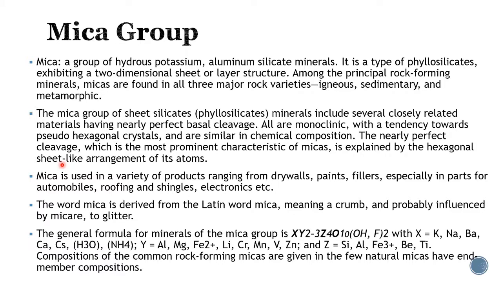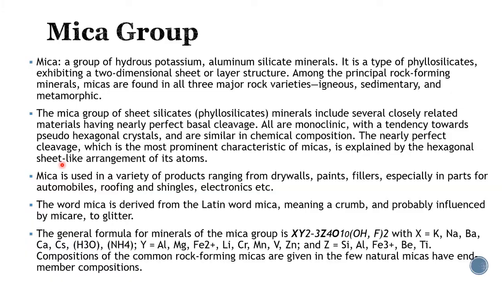The mica group of sheet silicates or phyllosilicate minerals includes several closely related materials having nearly perfect basal cleavage. All are monoclinic with a tendency towards pseudo-hexagonal crystals and are similar in chemical composition. The nearly perfect cleavage, which is the most prominent characteristic of micas, is explained by the hexagonal sheet-like arrangement of its atoms.